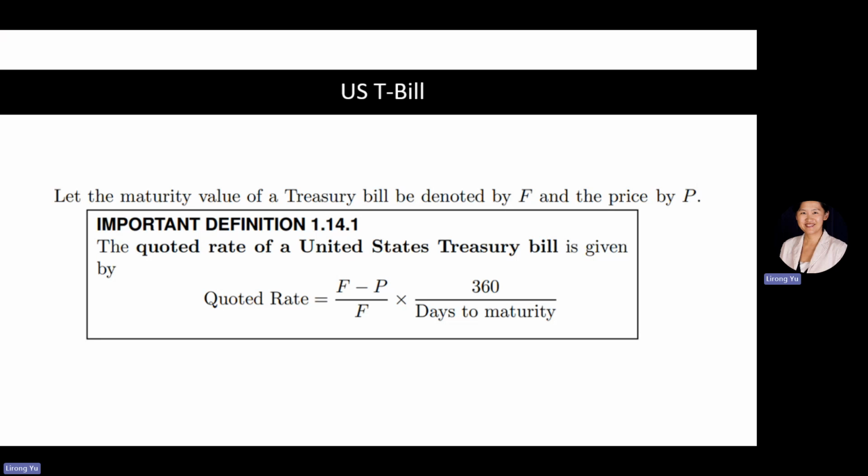We want to convert it to a yearly annual interest rate. That's why we divide it by the number of days, which gives the interest rate per day, and then you multiply by 360. It's interesting that for the US T-bill, we consider the whole year as 360 days instead of 365 days.